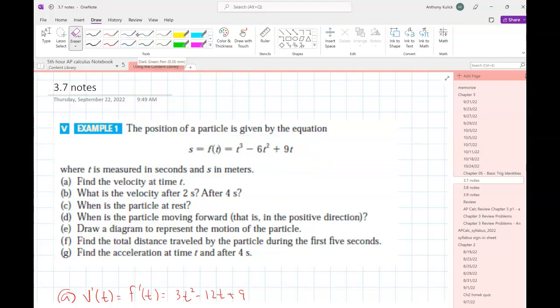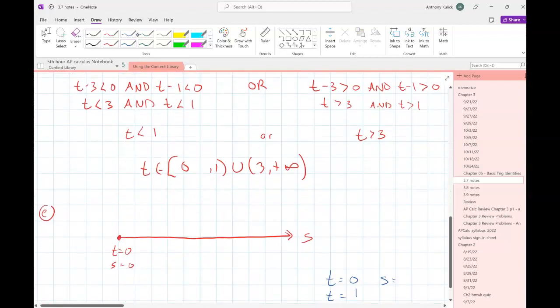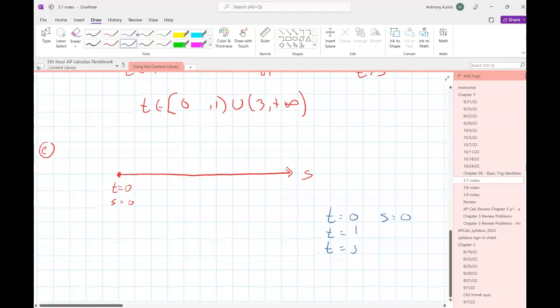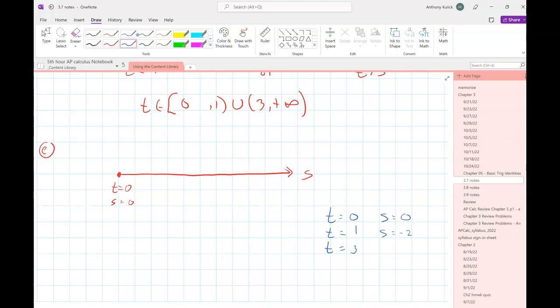So when I plug 0 in, I get a big fat 0 there. When I plug 1 in, what do I get? Negative 2. I meant positive 2, definitely. And sorry, not 2, but 4.